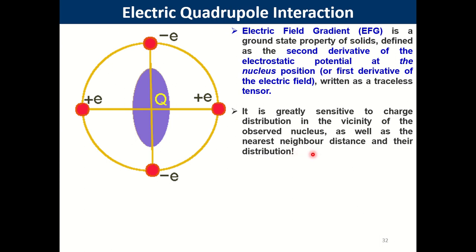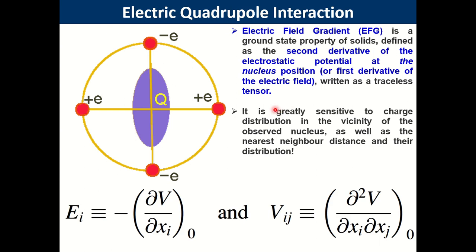So as you move away from cubic symmetry, an electric field gradient is likely to exist at the nucleus, and that will give rise to such interactions as we were talking about. An electric field can be considered as the first derivative of the electrostatic potential, whereas the second derivative of this potential gives us the electric field gradient.